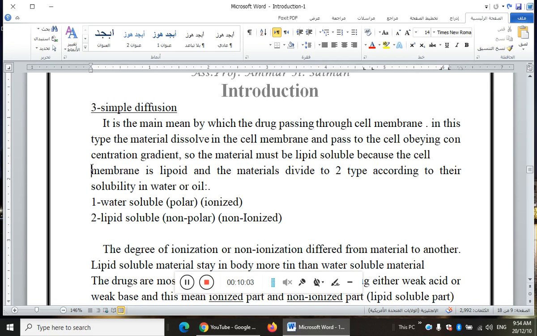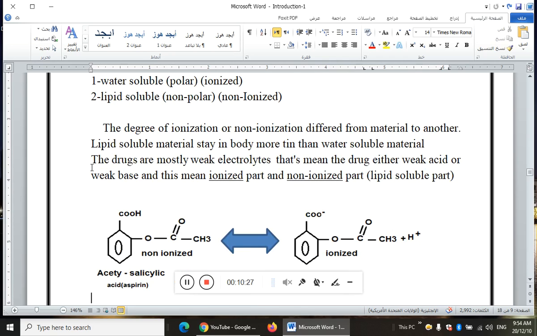The non-ionized part of the drug, or non-polar part, or lipid-soluble part, is the part which crosses the membrane, while the water-soluble part cannot pass through the cell membrane.